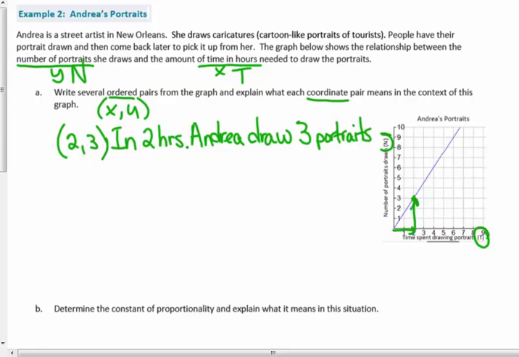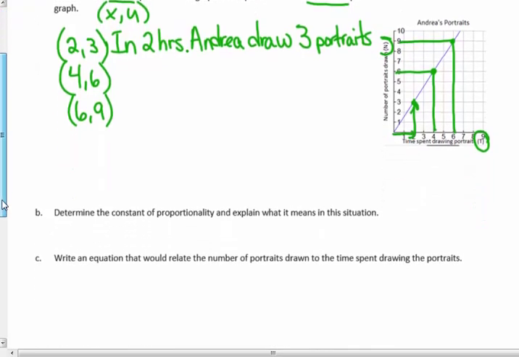Another nice easy point to read is in 4 hours. I'm not going to write all this out, but listen to me say this. In 4 hours, Andrea draws 6 portraits. In 6 hours, Andrea draws 9 portraits. So that's the ordered pair 6, 9. I said it, I didn't write it all out.